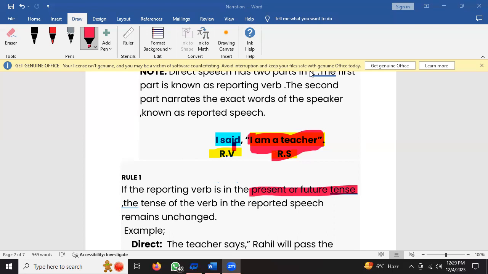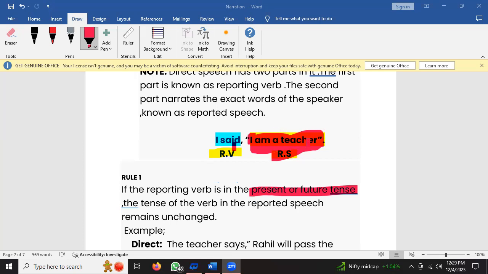Okay. Can you tell me, in this sentence which I have written here, will there be any change in this part which I darkened? Sir, can you repeat your question? My question is, this is reported speech, right? Yes, sir. Do we have to change the tense of this sentence?